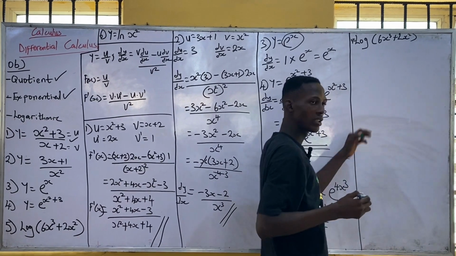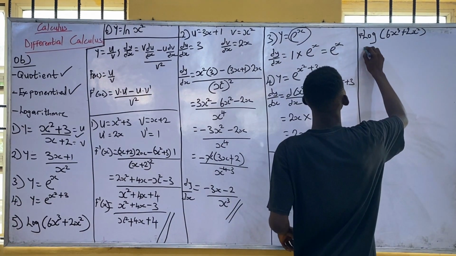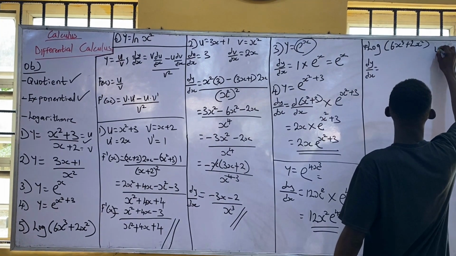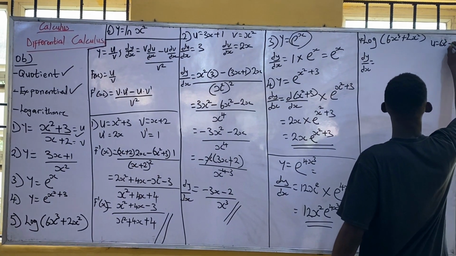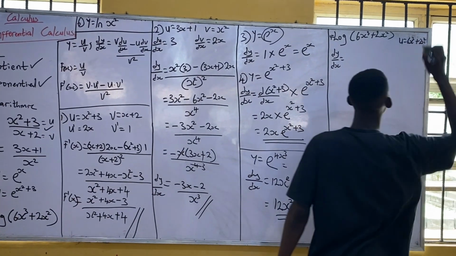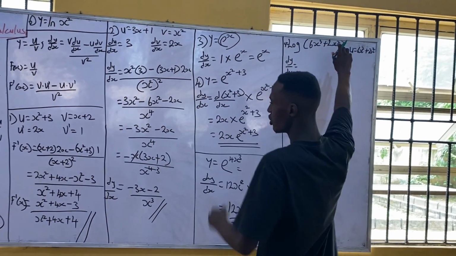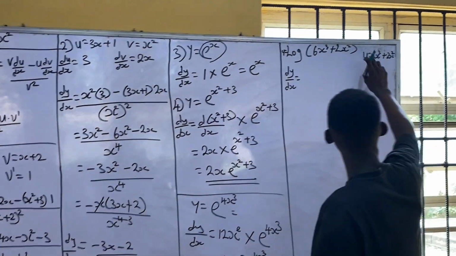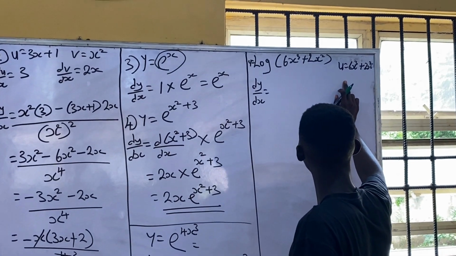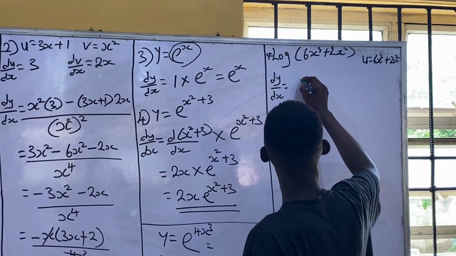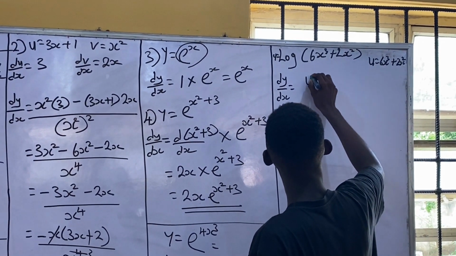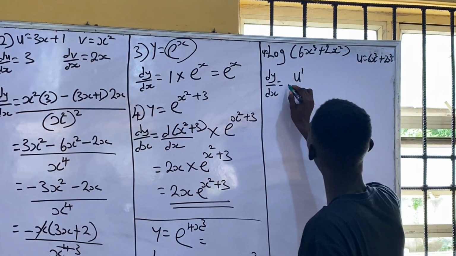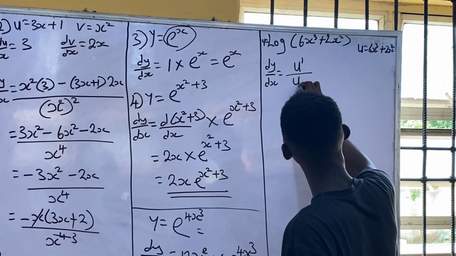So our dy over dx is equal to, let's assume our u is equal to 6x cubed plus 2x squared. Remember, there's no power at the back, so this makes it a soft work for us. You find the derivative of u, which is the formula I'm trying to explain, over u itself.